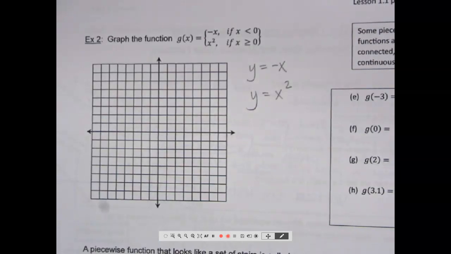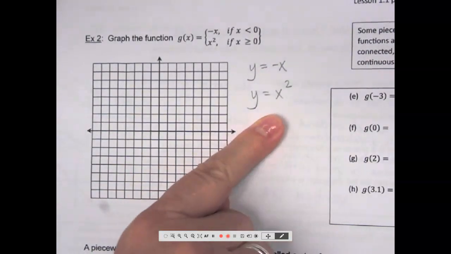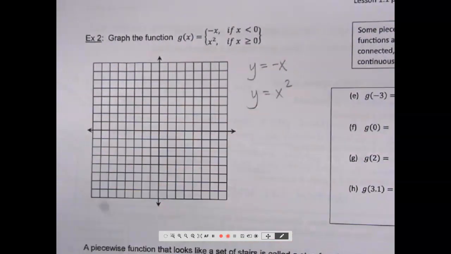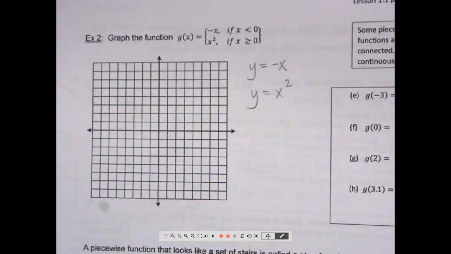What is the graph of y equals x squared? Hint, it's not a line. A parabola. What does a parabola look like? A U. So this is our plain old parent graph of a parabola, with its vertex sitting at the origin, opening upward, nothing fancy going on here.